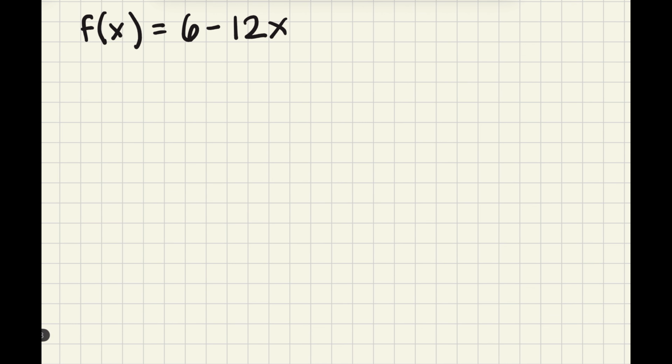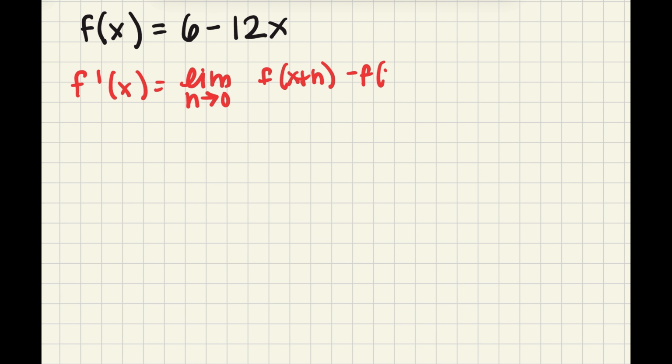Okay, the definition of a derivative is f prime of x equals the limit as h approaches 0, f of x plus h minus f of x over h. Okay, remember, anywhere that you see an x in our original function, we're going to add that extra h.